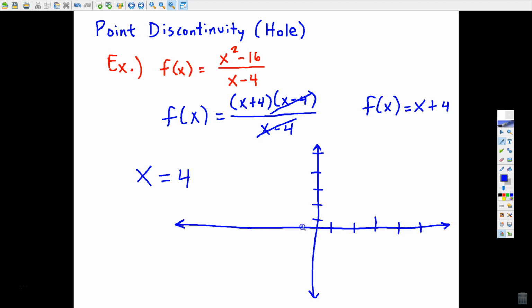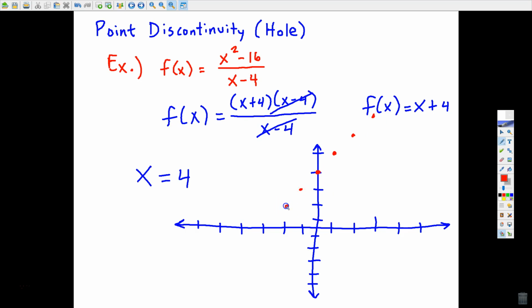That's why I want to stress that when you can cancel, it makes graphing these so much easier. Okay, so since I canceled, I'm going to graph f of x or y equals x plus 4. So y-intercept 4, slope of 1, up 1, right 1, up 1, right 1.